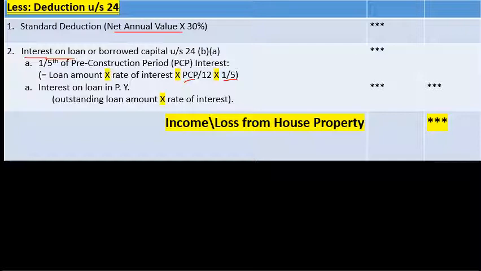Here I am just explaining the concept from the format point of view. There is no maximum limit for deduction under Section 24 on interest on loan for let out properties. Other details I will explain in the coming classes. So that is about the deduction under Section 24.